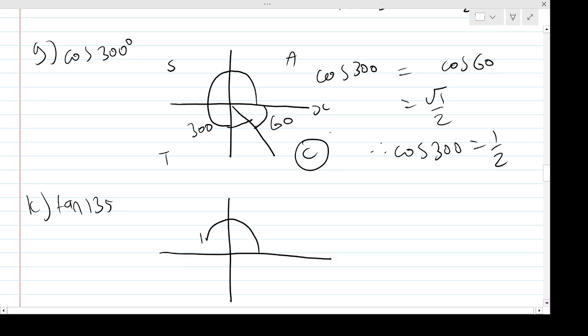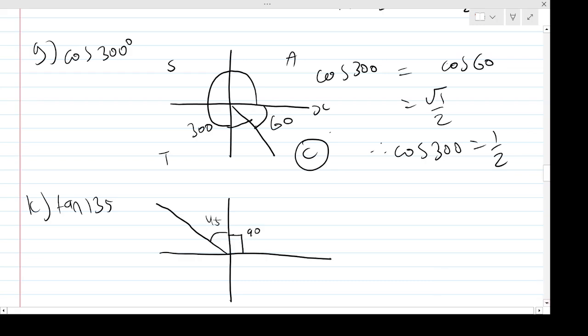We're going to go that way because it's positive. It'd be 90 first of all, and then we need another 45 to get to 135 overall. If you add them, you get 135.